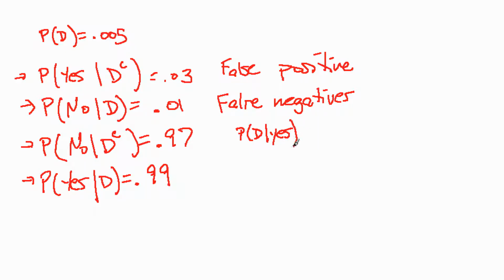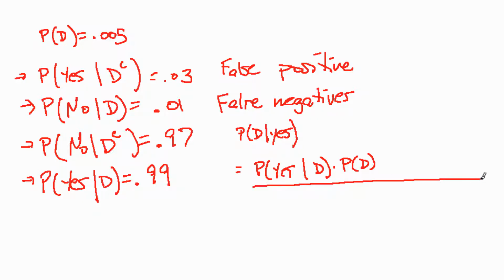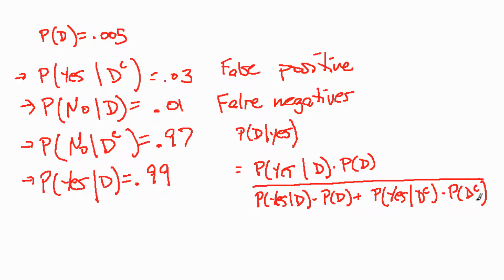Okay, and by Bayes' rule, we know that that's going to be equal to the probability of a yes given the disease times the probability of the disease, divided by the probability of yes given the disease times the probability of the disease plus the probability of yes given no disease, or the disease complement, times the probability of the disease complement. Okay, this is just Bayes' formula right over here.